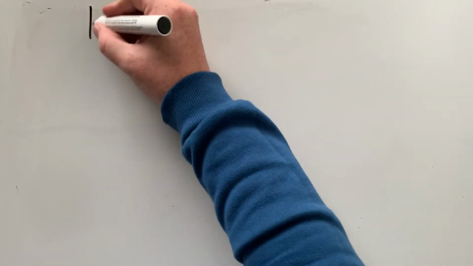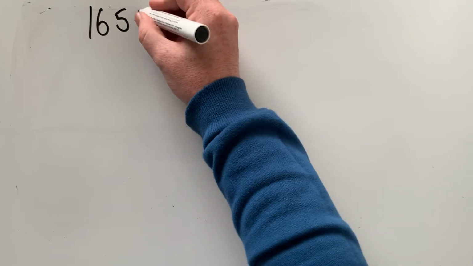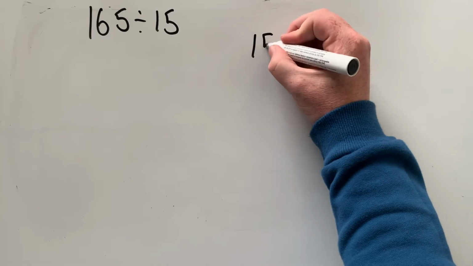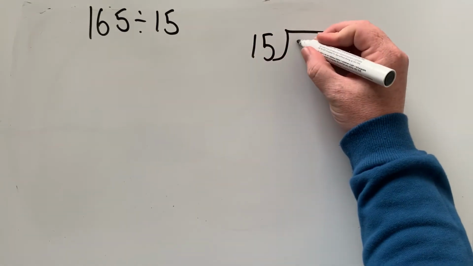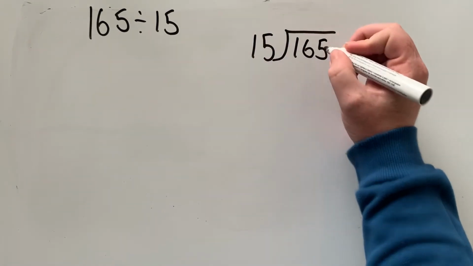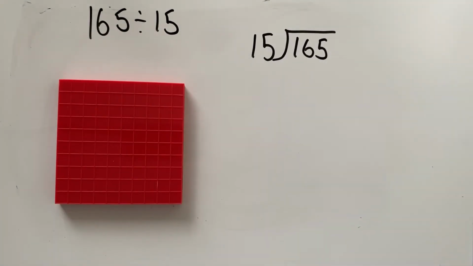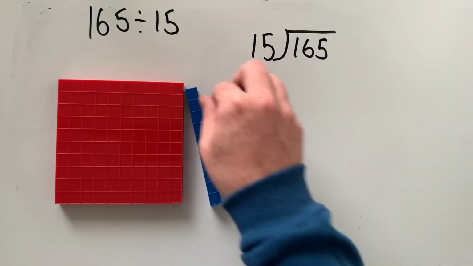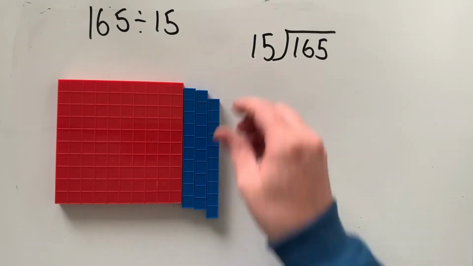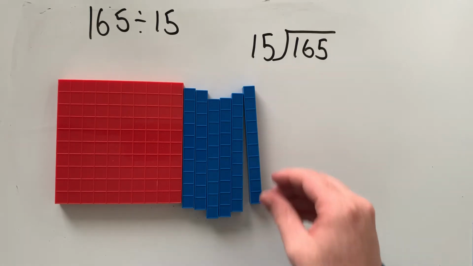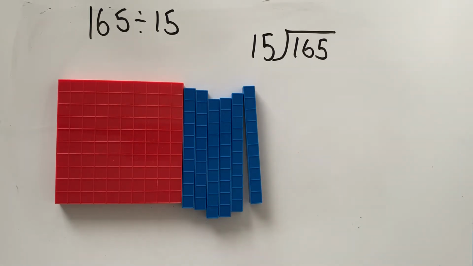Alright. 165 divided by 15. Okay, so once again, I get out that number using the blocks. 100, 10, 20, 30, 40, 50, 60, 65.